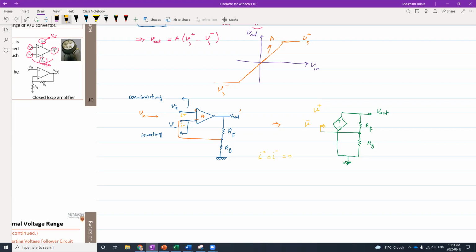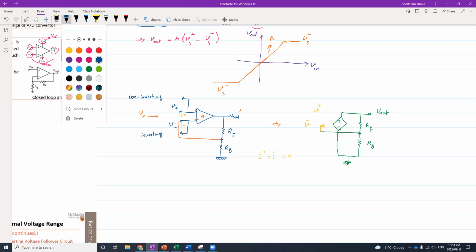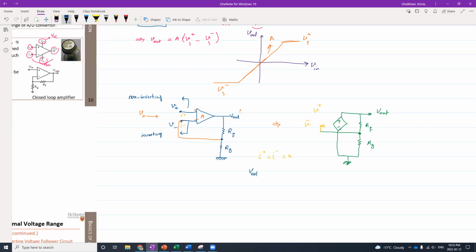Then what should be the output? If the current is 0, then the output is going to be again the same thing, exactly what I have in here. That's how I can find that equation.